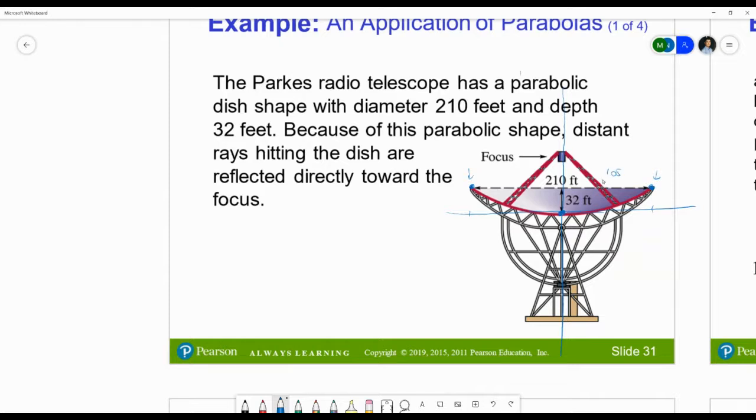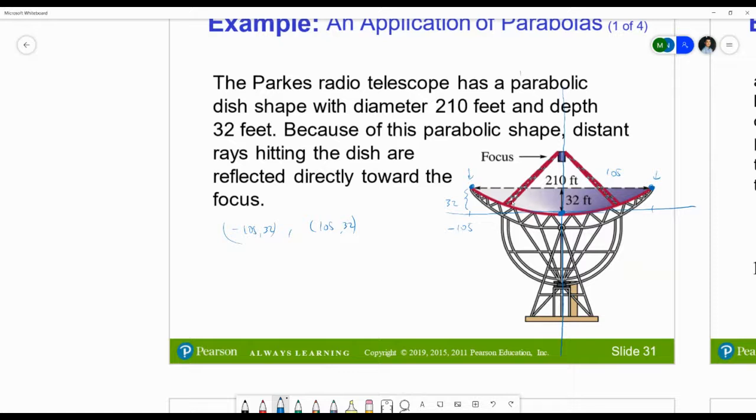If this is the origin, this is positive 105, this is negative 105. So the x value is negative 105, the y value is what? 32. So we have two points: negative 105 and 32, and positive 105 and 32. Those are two points on this parabola. How will that help us?